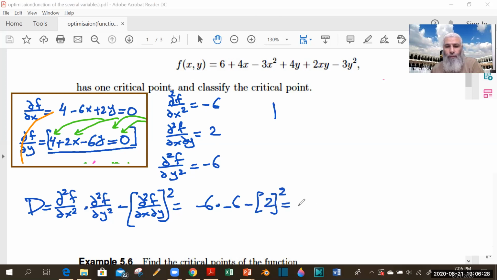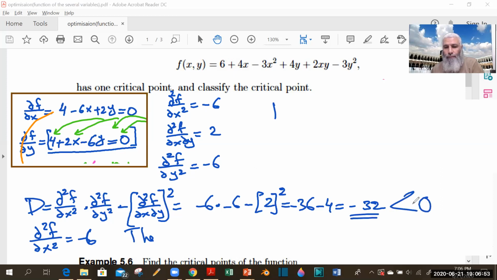So this is 36 minus 4, which is 32. Hmm, wait, let me recompute: D is less than 0, right? When D is less than 0, the point is a maximum or minimum? No, saddle. Saddle? Yes.